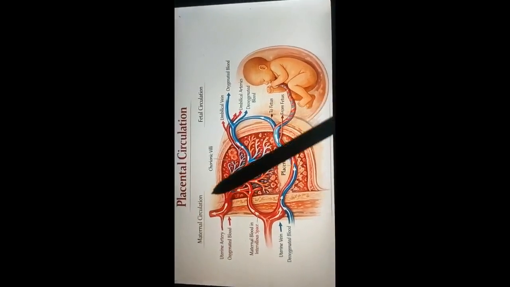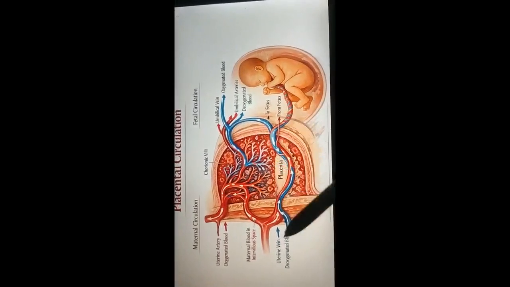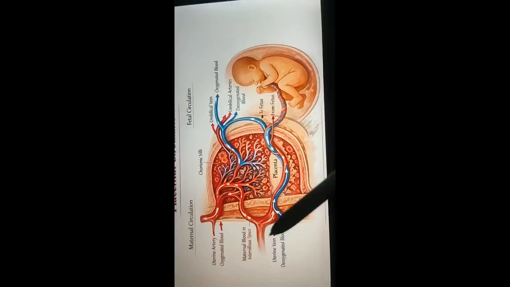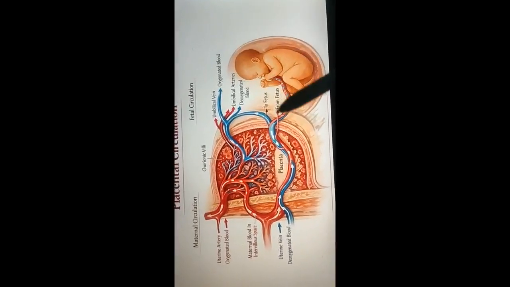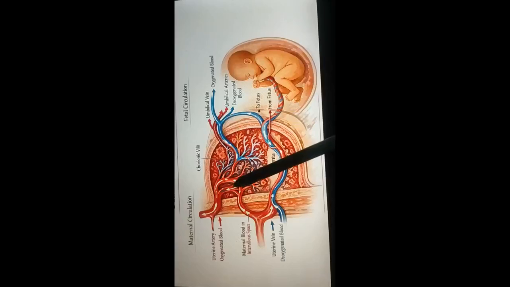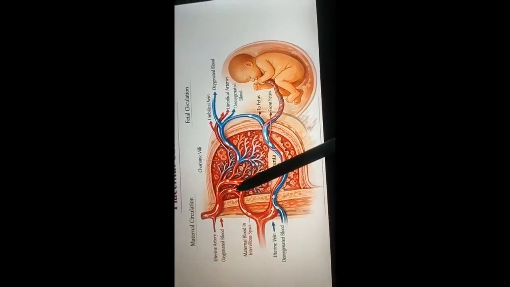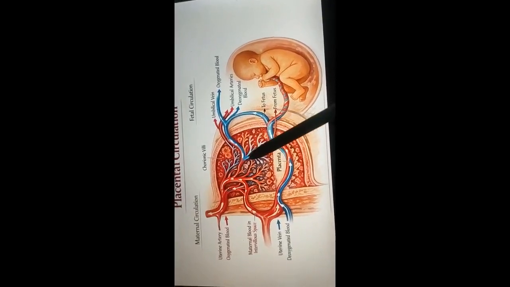Our next topic is placental circulation. Placental circulation has two parts: maternal, which is known as the uteroplacental unit, and fetal circulation, known as the fetoplacental unit. In maternal circulation, the blood comes from the uterine artery, which is oxygenated blood, and goes to the intervillous space.